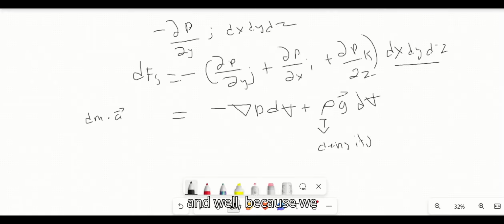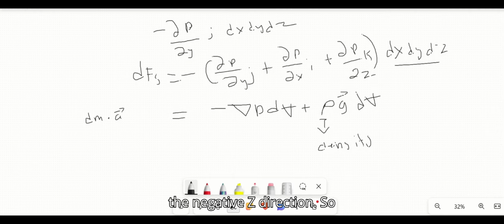And well, because we know that gravity only acts in the negative k direction, or depending on your axis, right? If we assume z is up and down, then we can say it acts in the negative z direction.